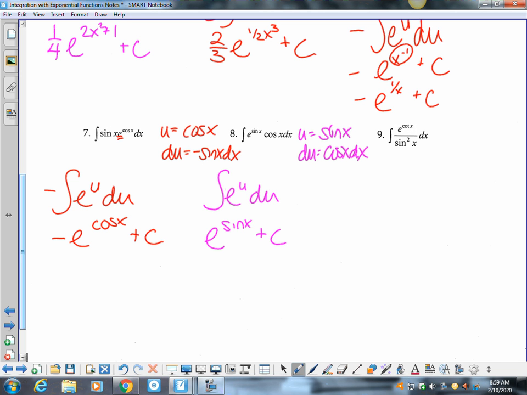Okay. Now, help me with the thought process on number 9. That is a cotangent up yonder. So if I let my u be cotangent. Sine on the bottom is a cosecant. It is. What is the derivative of cotangent?